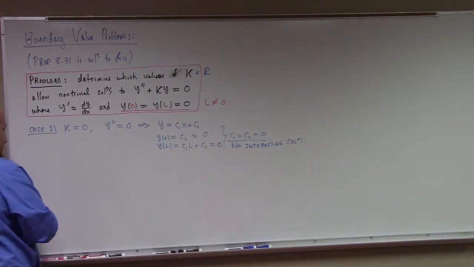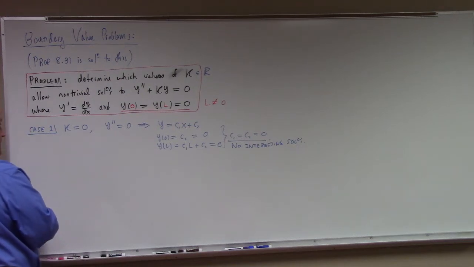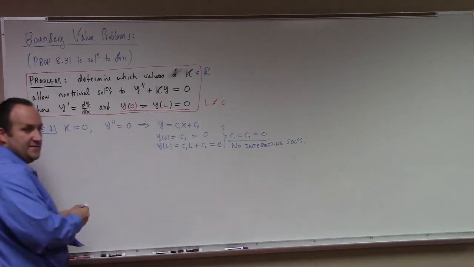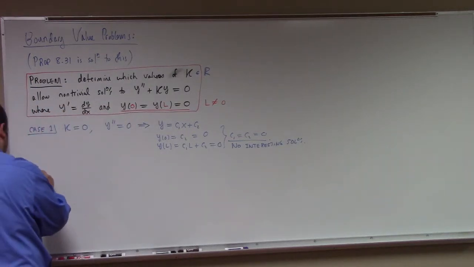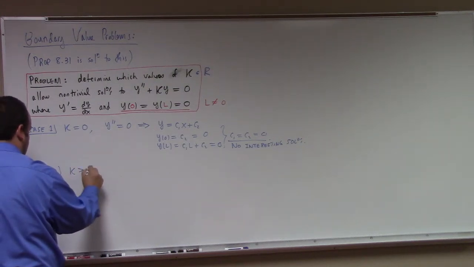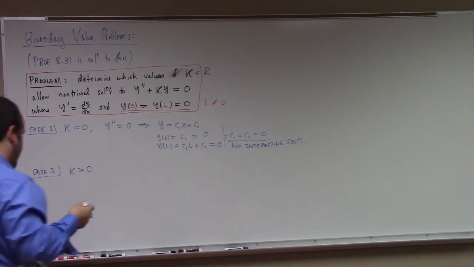So we go on to case 2. What would that be? How about k positive, right? K greater than 0. Now, I propose, for reasons that will become clear very soon, that in the case k is positive, we should write it as the square of some other thing.